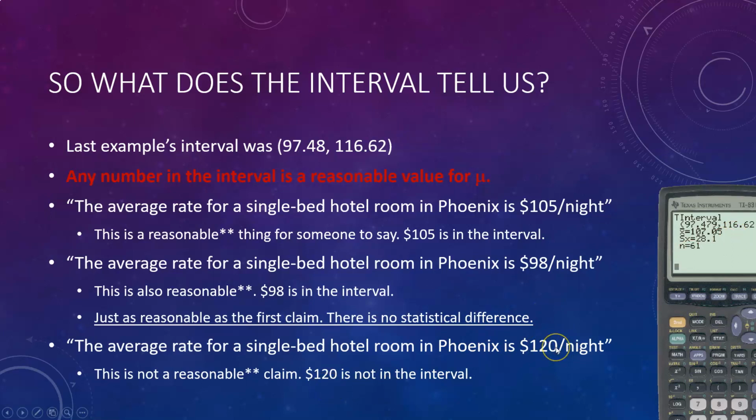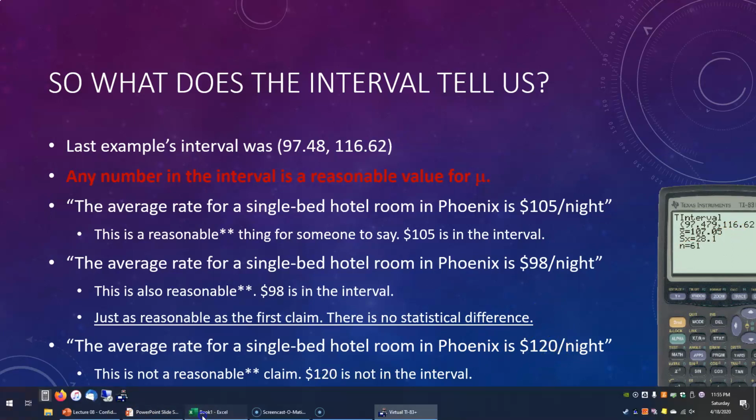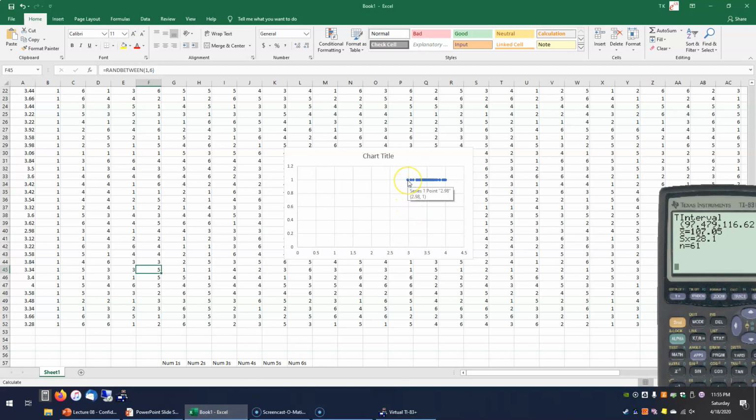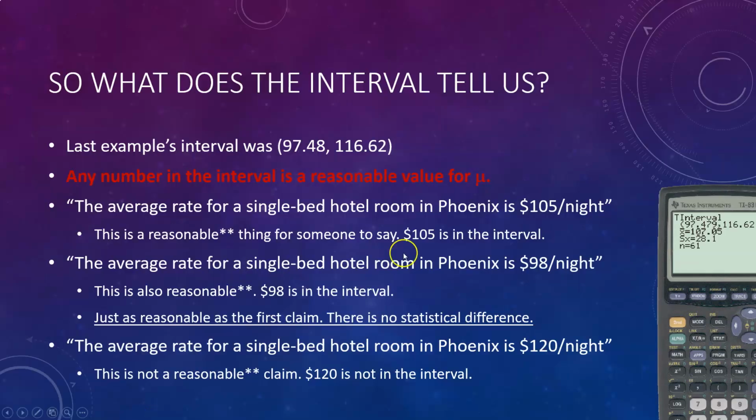This could be true because my sample could be one of those oddballs where the mean ended up just being low for some reason, but at least with the information that I have in front of me, this is not a reasonable claim because it is not in the interval.